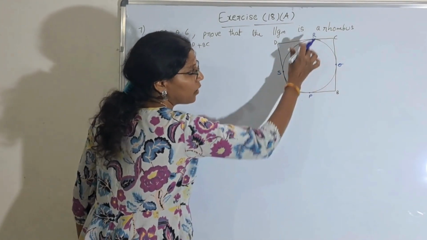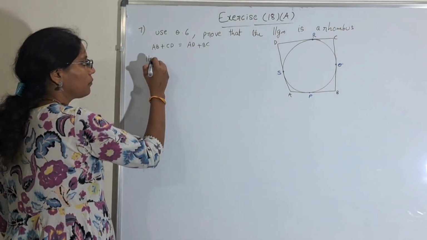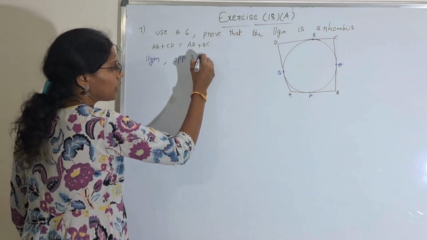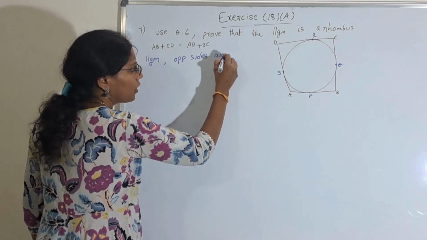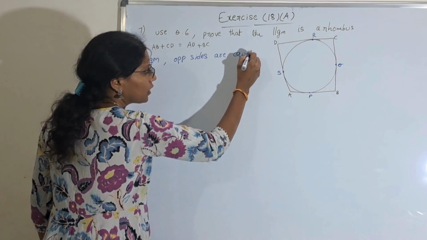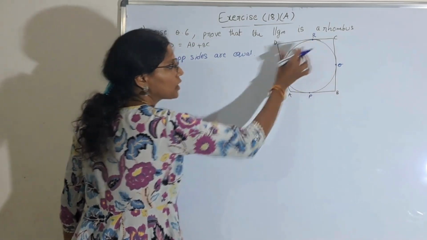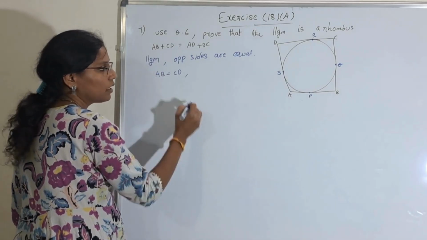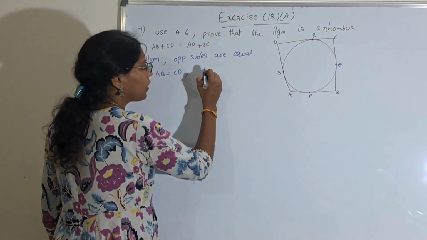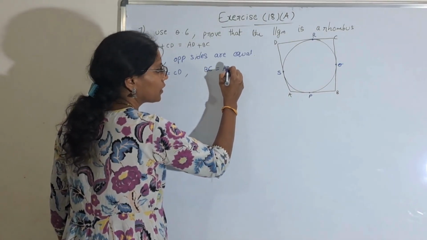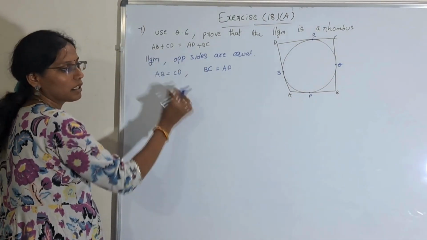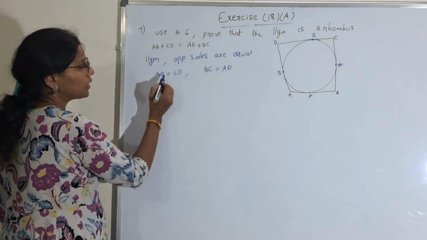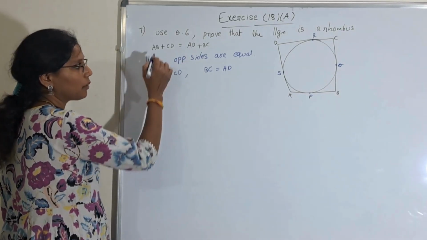Here, parallelogram condition, parallelogram opposite sides are equal. What are the opposite sides here? AB is equal to CD. Next, here BC is equal to AD. Substitute here. Here AB is equal to BC we have to prove.